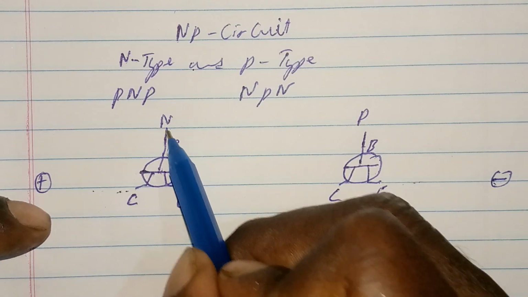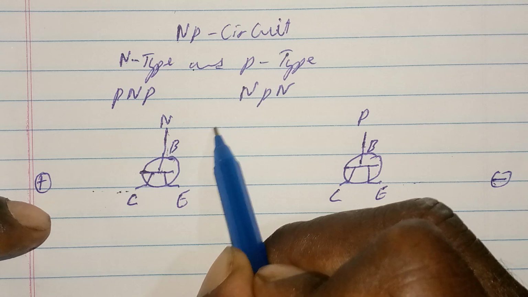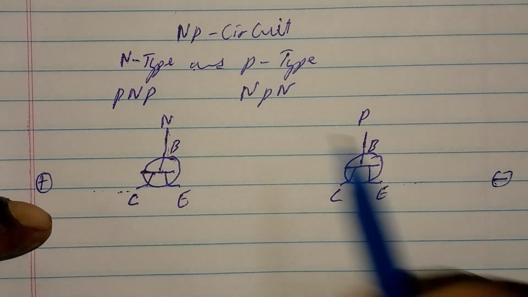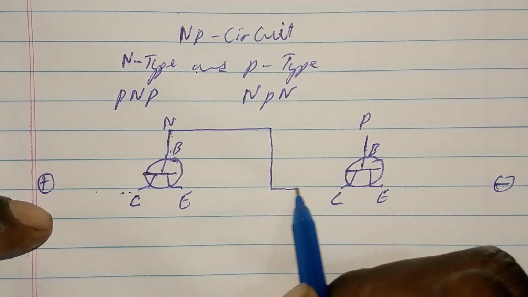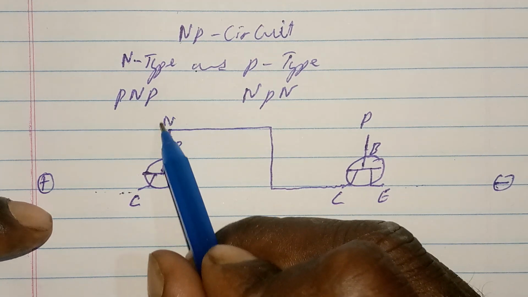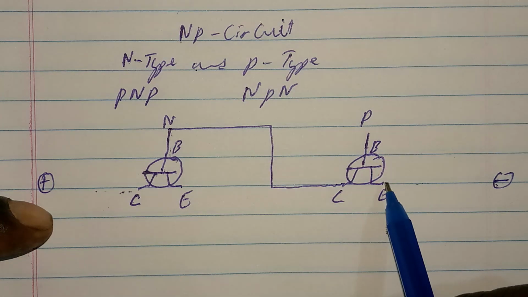Now, if you want to take a voltage out of this transistor to the negative here, you have to connect the base of this N-type transistor to the collector of this P-type transistor.